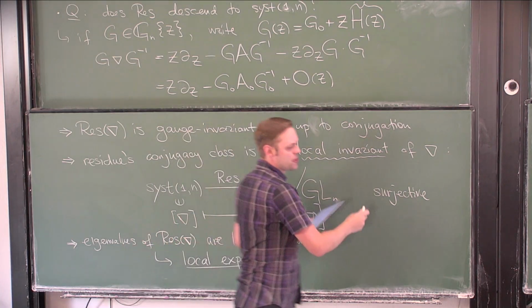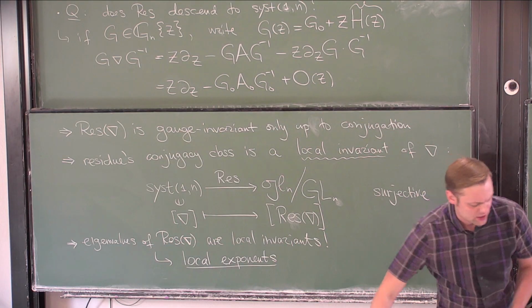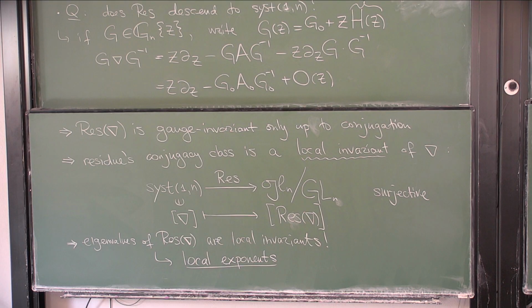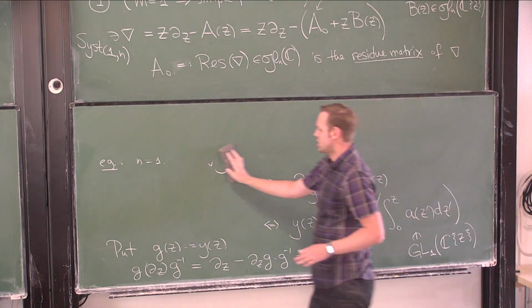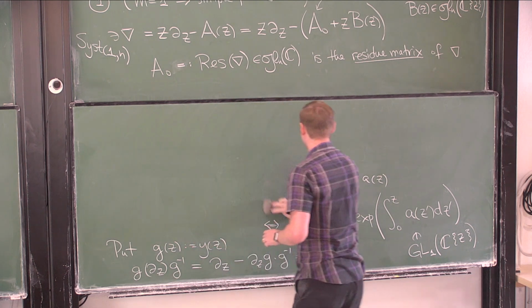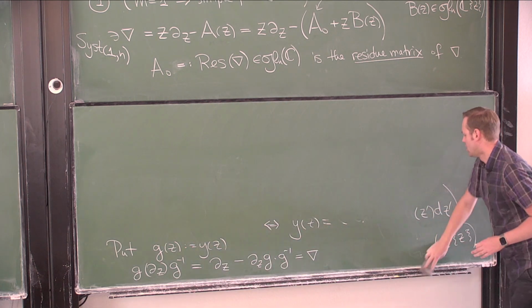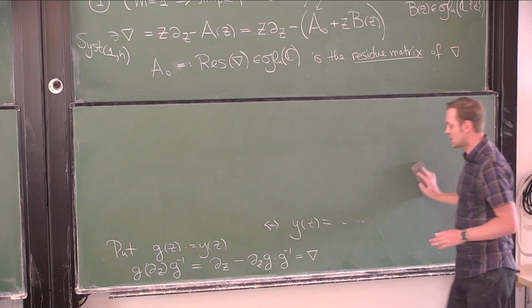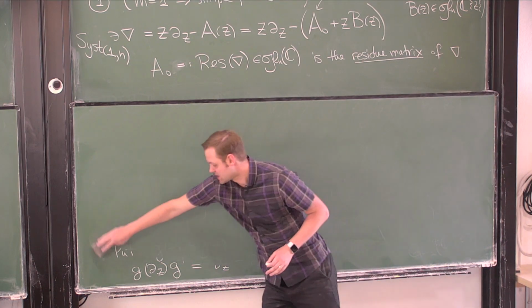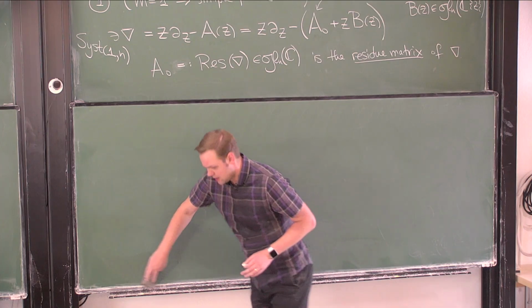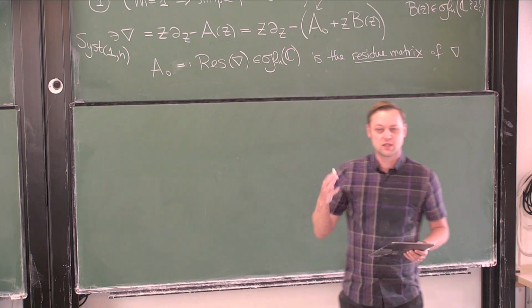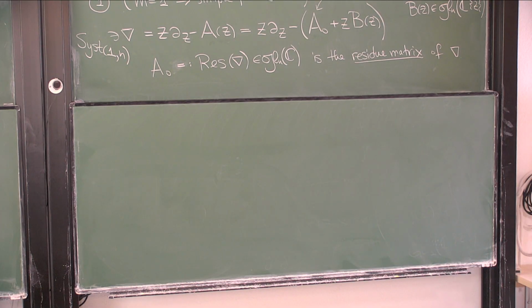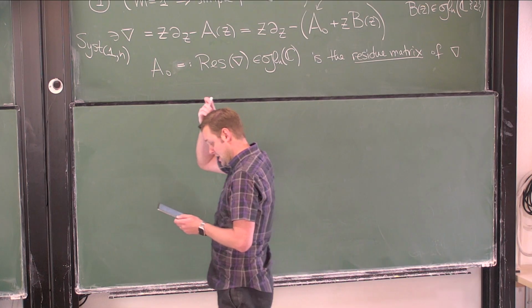These eigenvalues of the residue matrix in a system historically have been very important players. If you open any book on dynamical systems, they often talk about local exponents, or another term that people use, Lyapunov exponents. You may have heard of that. So that's all part of the same story. And in dynamical systems, they use these eigenvalues to predict long-term behavior of systems, and it's a very similar phenomenon here.